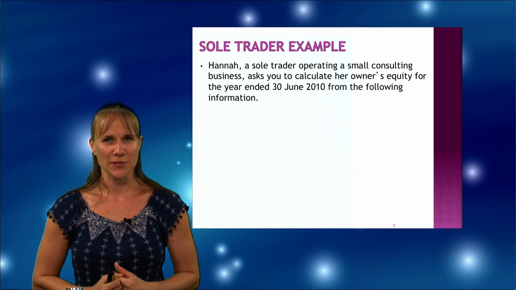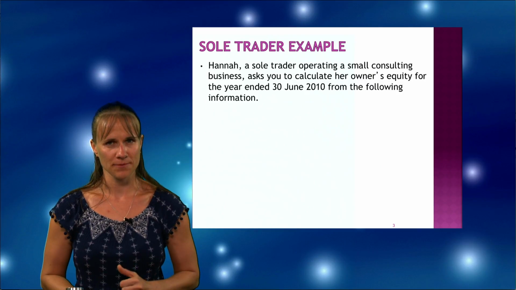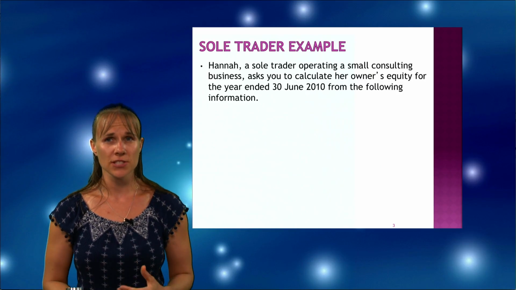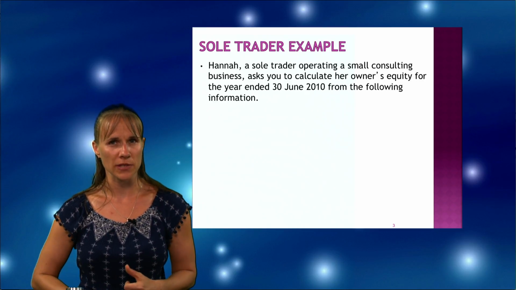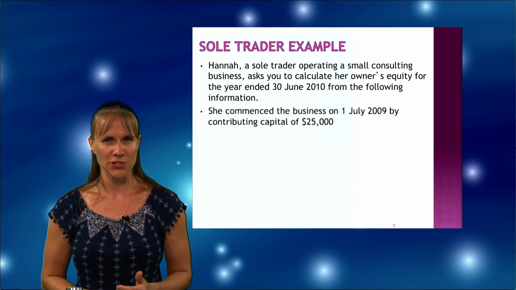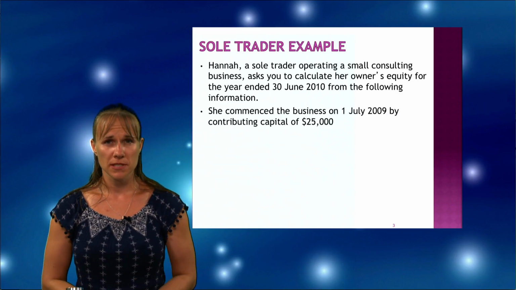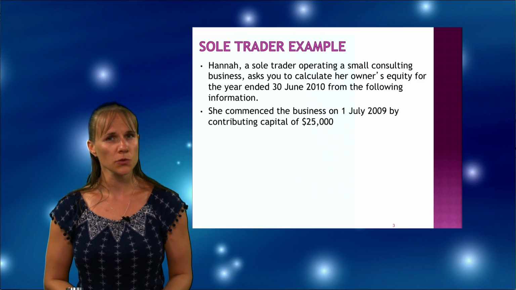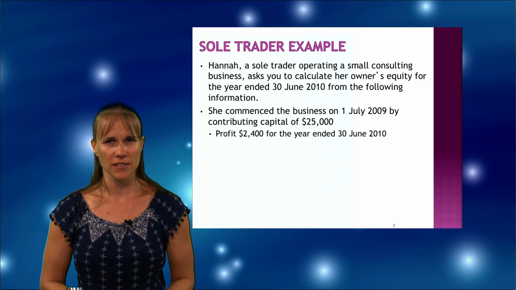So starting off with our sole trader example, we've got Hannah. Hannah's a sole trader operating a small consulting business, and she's asked you to calculate her owner's equity for the year ended 30 June 2010 from the following information. She commenced the business on 1st of July 2009 by contributing capital of $25,000.